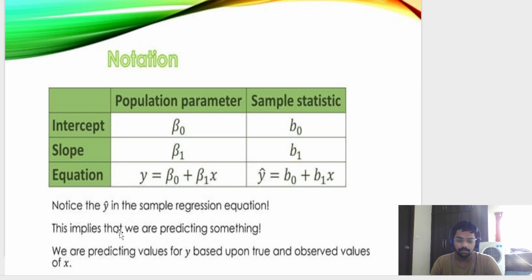Here, y cap is the sample regression equation. In the sample regression equation, y cap is the output that we are trying to predict. So this equation describes the real output, and this one is the predicted one. We are predicting the values for y based upon observed values of x.